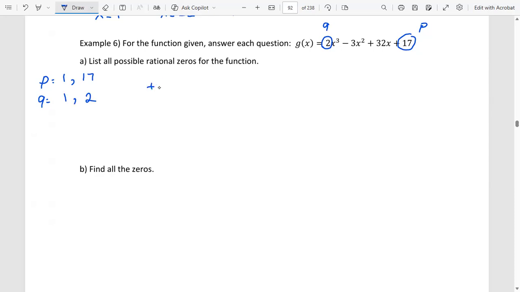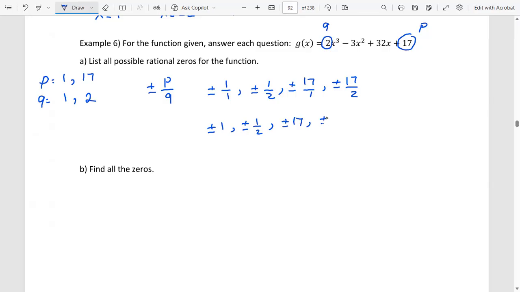So plus or minus P over Q, which means plus or minus 1 over 1, 1 over 2, 17 over 1, 17 over 2. So simplify a little. And these are all possible rational zeros.